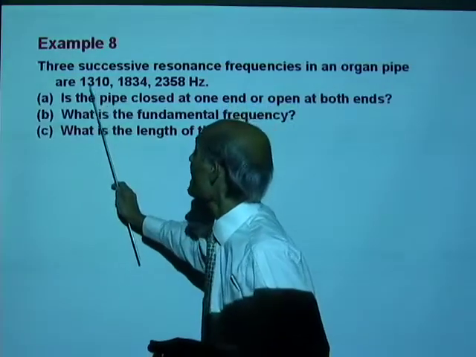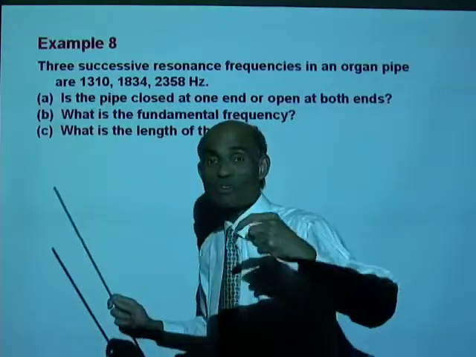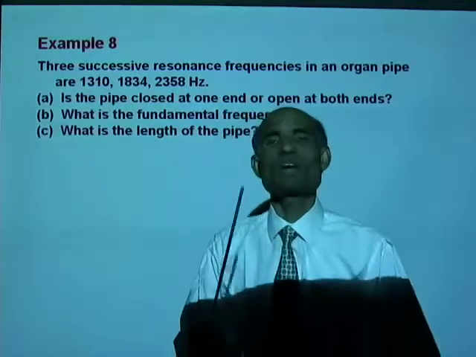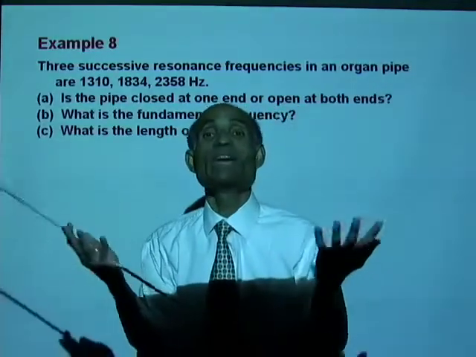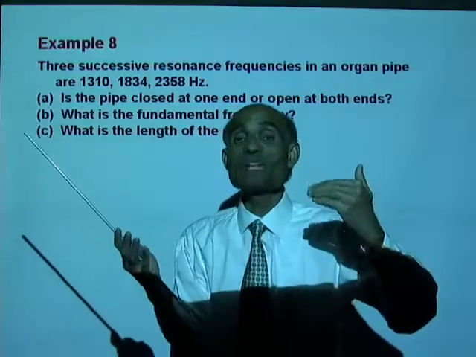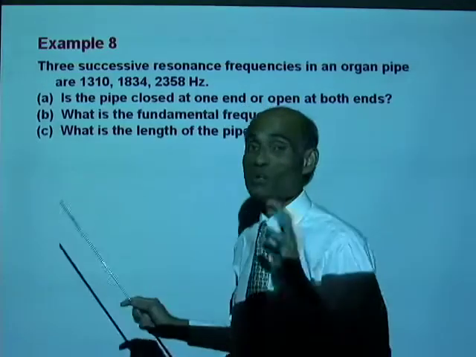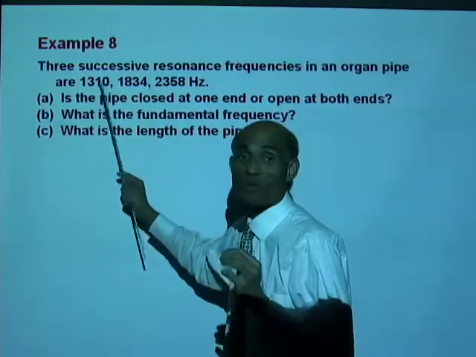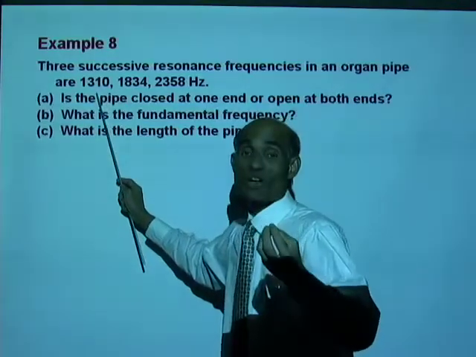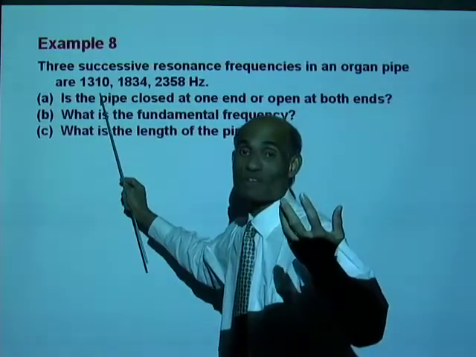You are given that these 3 frequencies are 3 successive frequencies that will resonate with the frequency of air column inside a tube. Now, you are not told that this is the fundamental. We don't know the fundamental. This may be some 3rd harmonic or 4th harmonic and so on.